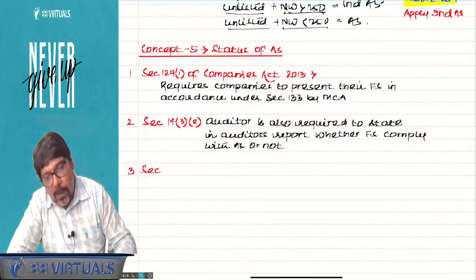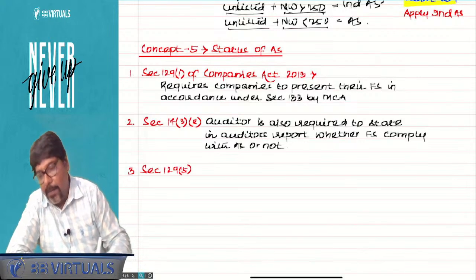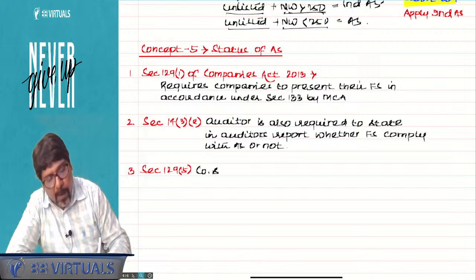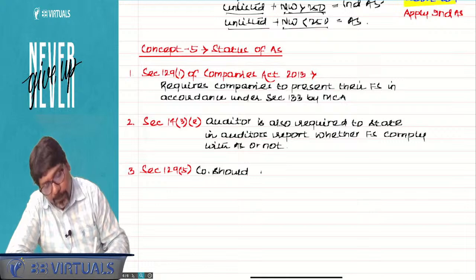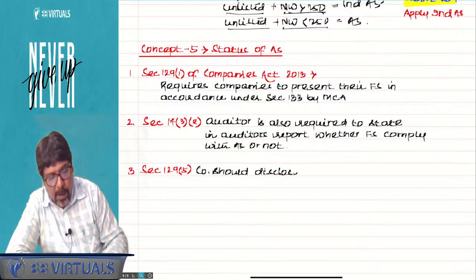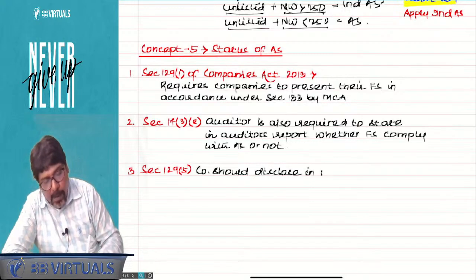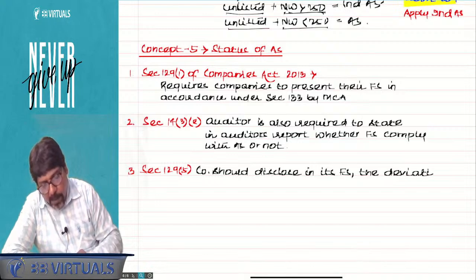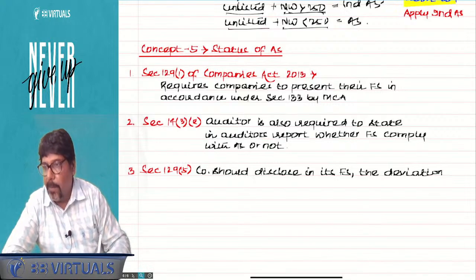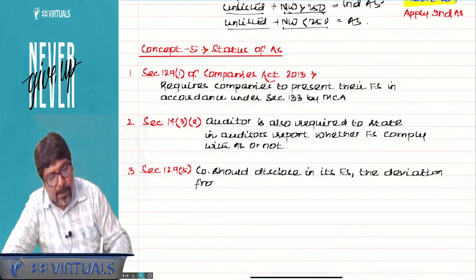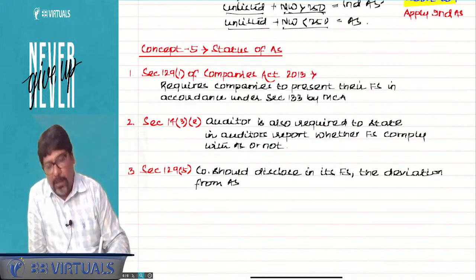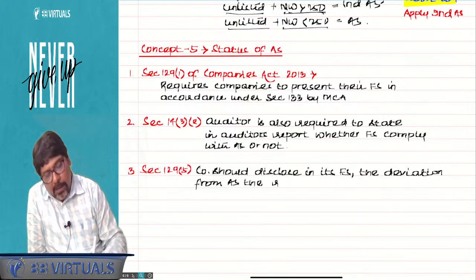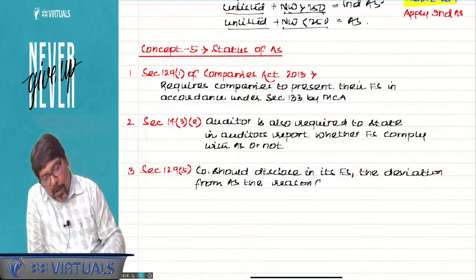Section 129(5). The company should disclose in its financial statements the deviation from accounting standards, the reason for deviation, and the impact of deviation.